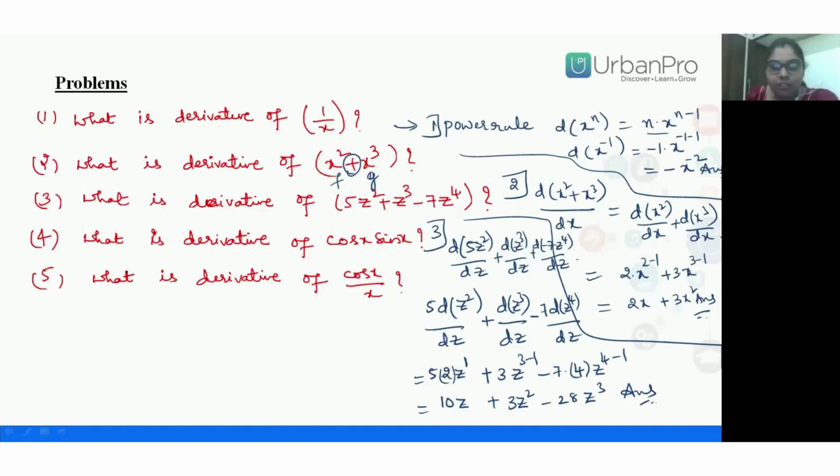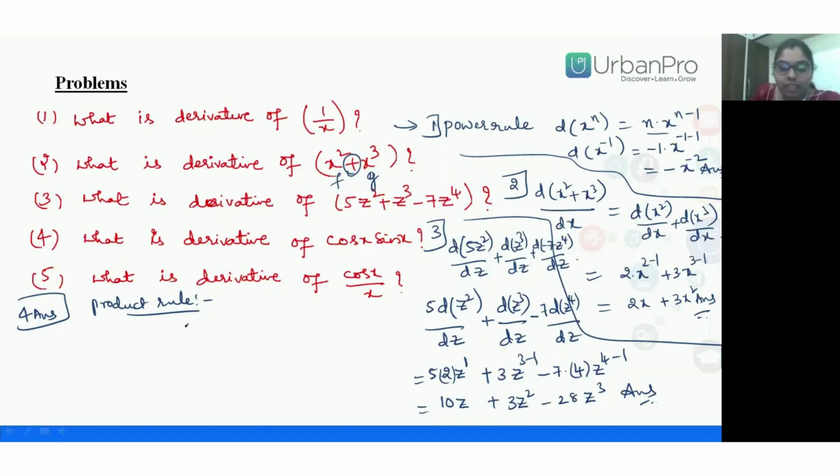Let's see the fourth question. What is the derivative of cos x into sin x? So we have f into g. It's a product rule. I told you, you have to assume one function as constant and differentiate the other one, plus keep the other function constant and differentiate the earlier one.